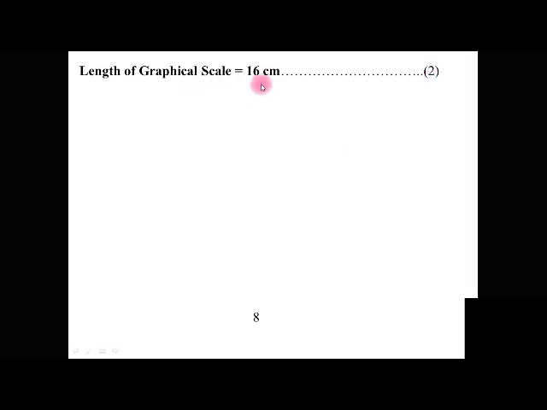Here I have decided that the length of my graphical scale will be 16 centimeters, because I have the background information that my scale is 1 centimeter to 1 kilometer, right? So I thought that if I take a 16 centimeter distance, when I divide the graphical scale into the primary divisions, my divisions will definitely be equal, okay.